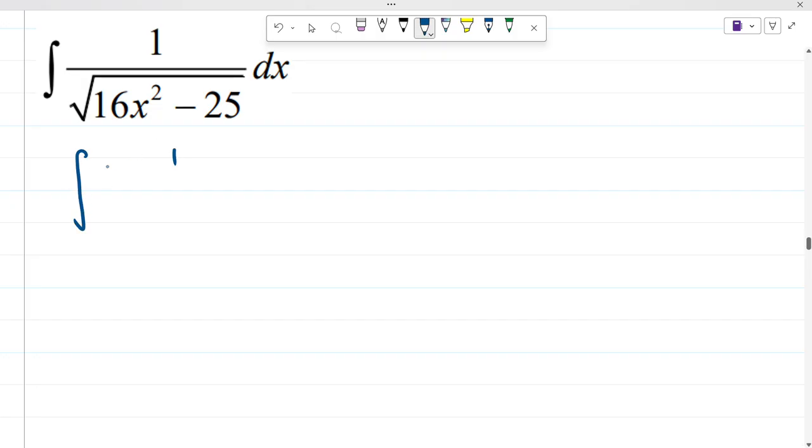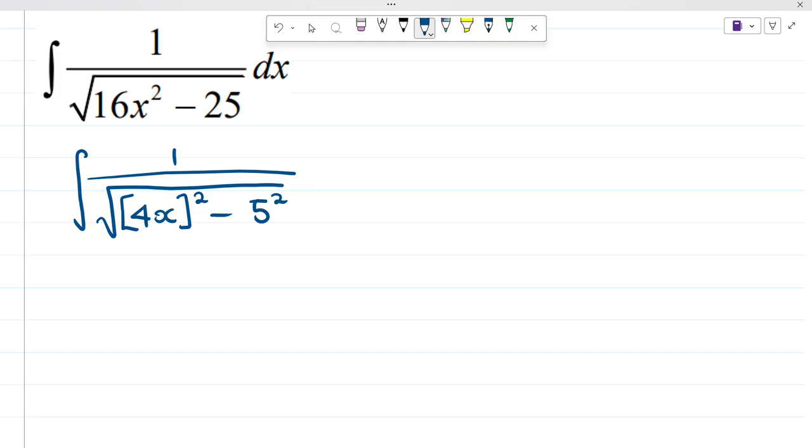So we're gonna leave out that 1 the way it is before we do any damage to it. So let's leave out the 1 alone, and then we have our square root of 4x to the power of 2 minus 5 squared dx, like this.